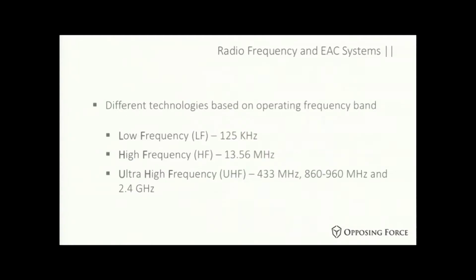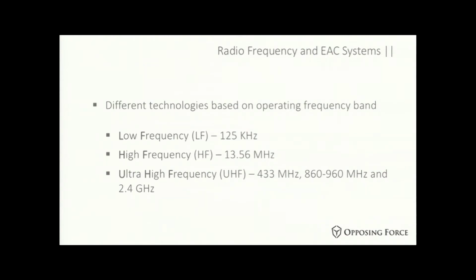Okay, radio frequency is used for automatic identification and has high reliability, so we can also have a safer distance for reading the tags or tokens, and it can work in low frequency, high frequency, and ultra high frequency.